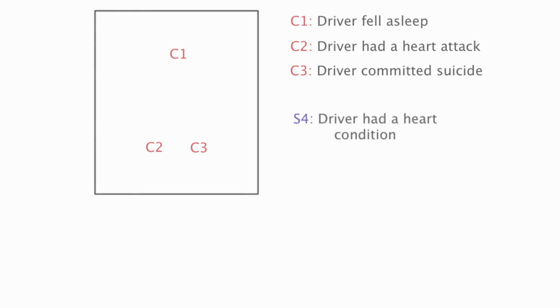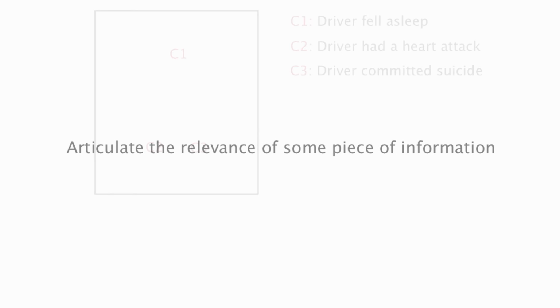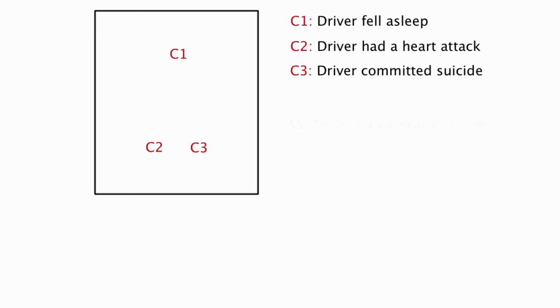So this formulaic expression, some piece of information makes some rival more plausible or less plausible, is what Wright refers to when he asks us to articulate the relevance of some piece of information. Suppose we discovered that the driver had a healthy heart. Is that relevant?